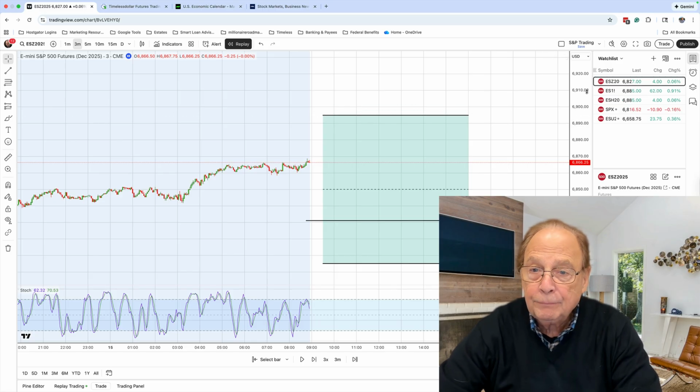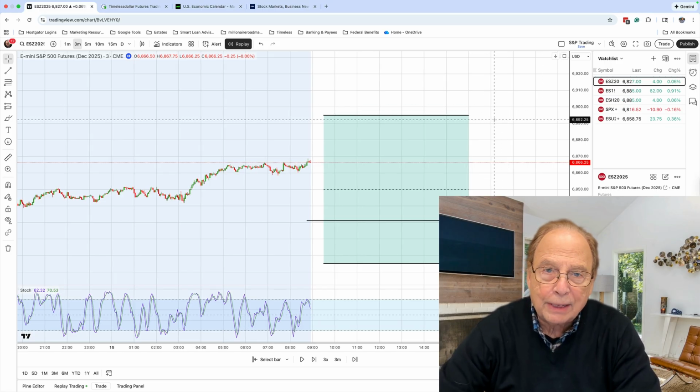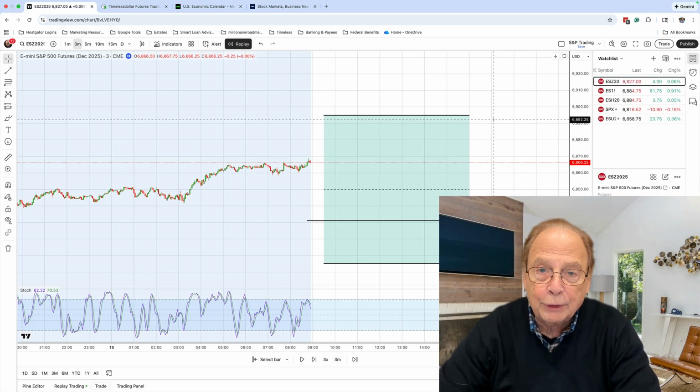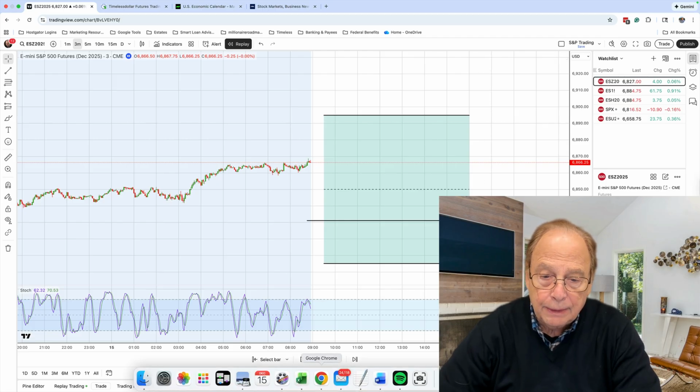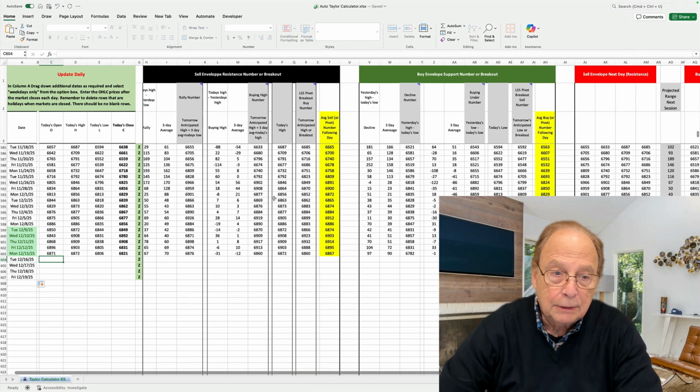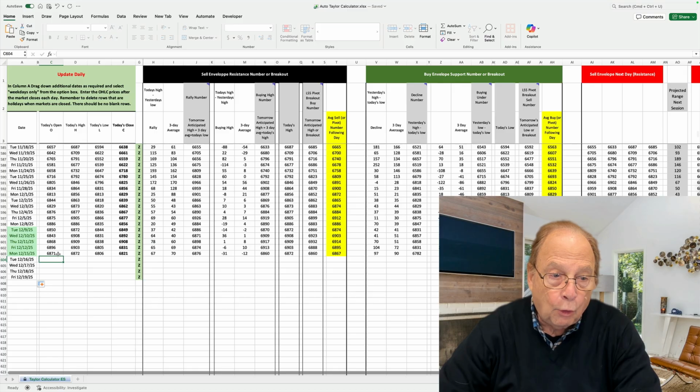And so here, you're looking at my chart, the way I set it up on Friday. On Friday, just before the rollover date, prices were trading the ESZ. And I'm tracking the ESZ numbers on my Taylor trading zone and the open, high, low, and close prices.